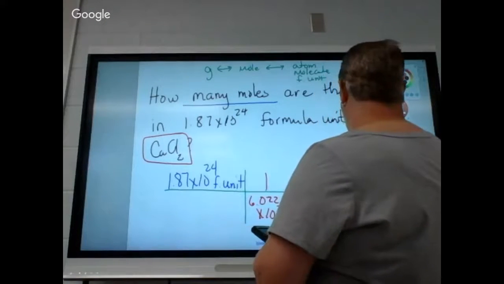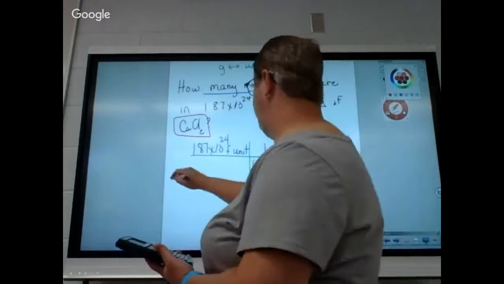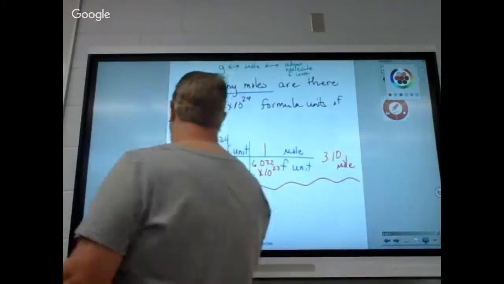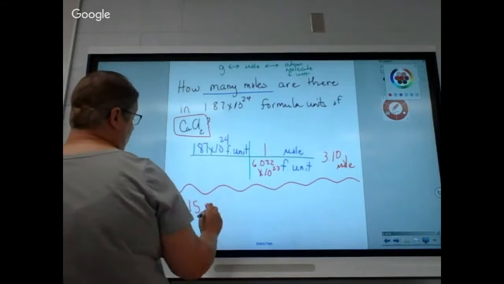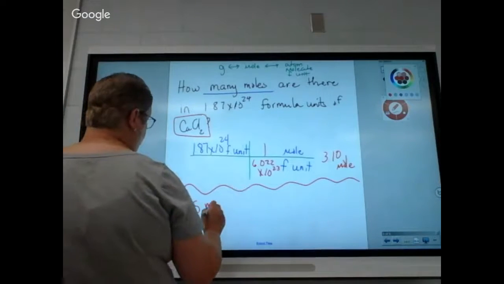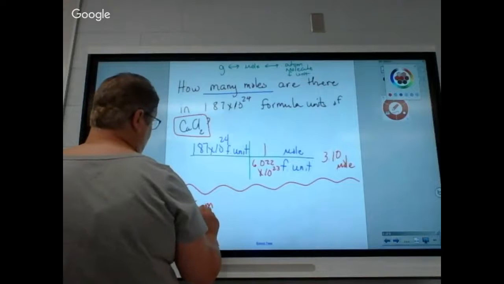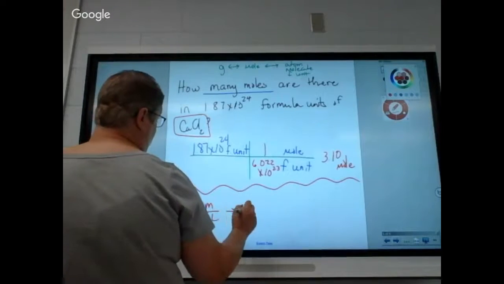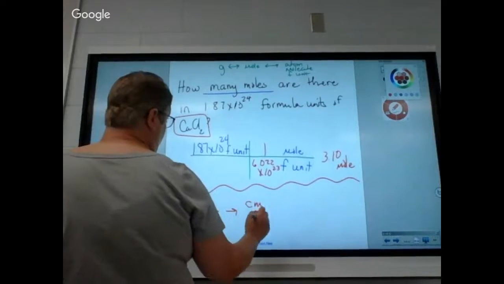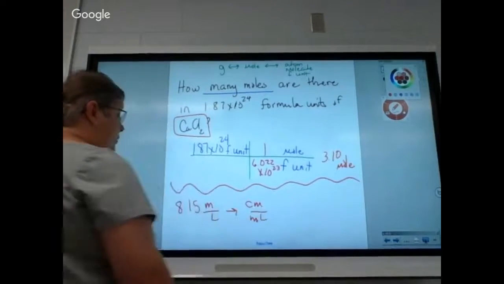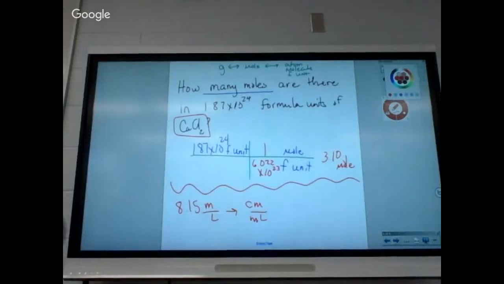So if you had something like 8.15 meters over liters, let's say, and you wanted to change it into centimeters over milliliters, you could use the bottom. That's what it would be for.